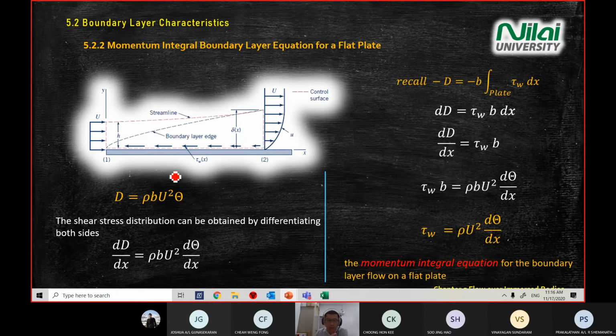So your shear stress on the wall for a flat plate takes this form: shear stress equals rho times upstream velocity squared, times the momentum thickness differentiated with x. This form is called the momentum integral equation for flat plate.